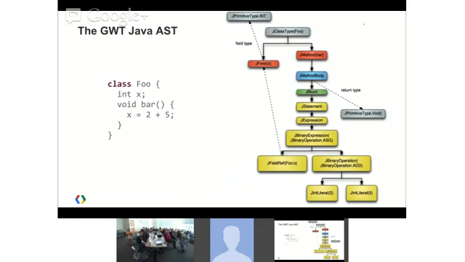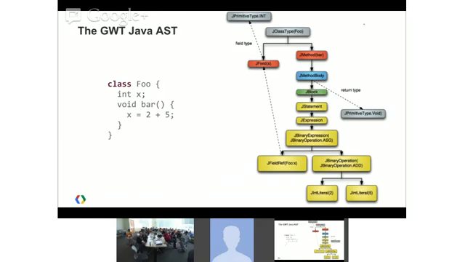So this is a Java AST. Basically, it has one statement, which is an expression statement. The equals is an expression, and so the expression statement turns the expression into a statement. The expression is an assignment, which has a left-hand side of x, which is a reference, and the right-hand side is the operation.